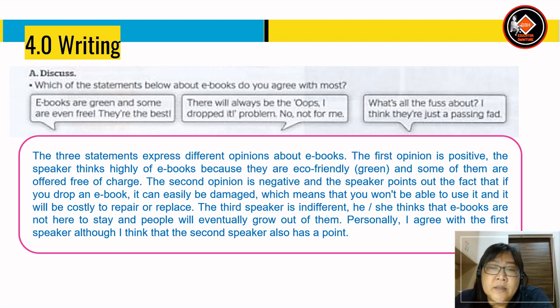The third speaker is indifferent. He or she thinks that e-books are not here to stay and people will eventually grow out of them. Personally, I agree with the first speaker, although I think that the second speaker also has a point.